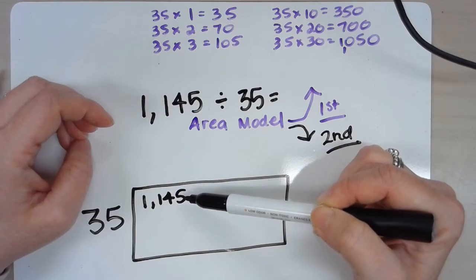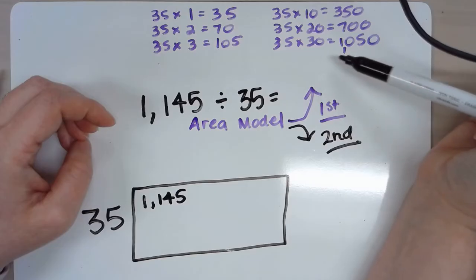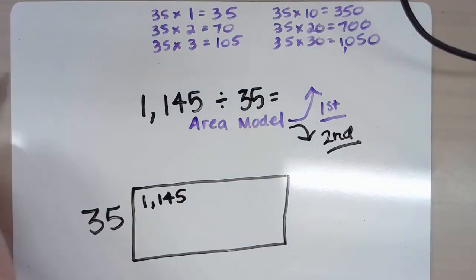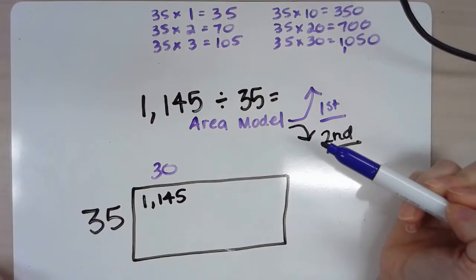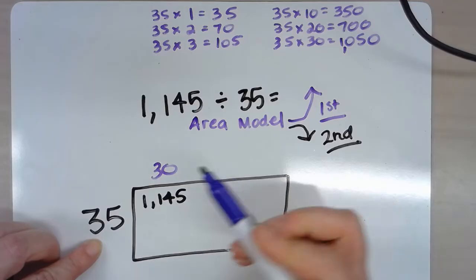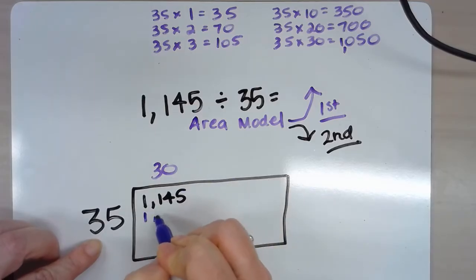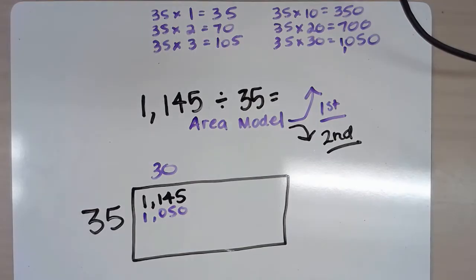That's certainly not enough. Let's continue to go up and we see, wow, we can actually take 30 groups of 35 in one fell swoop at the beginning. 35 groups of 30 is going to use up 1,050 pieces of candy. Okay, imagine it.